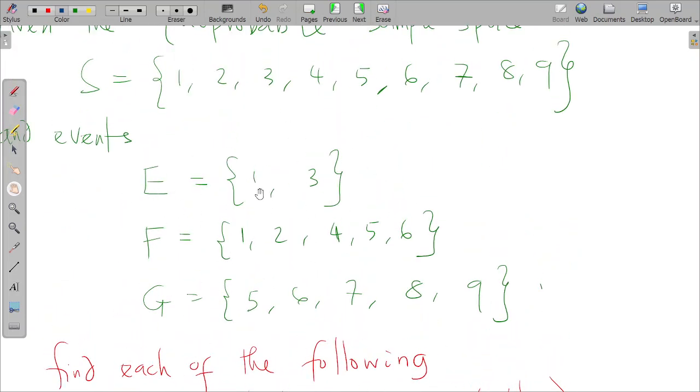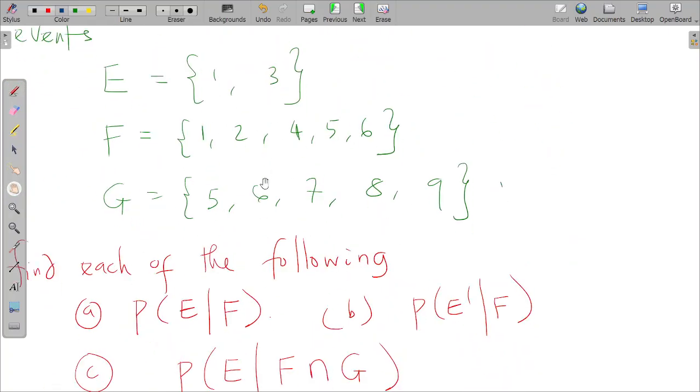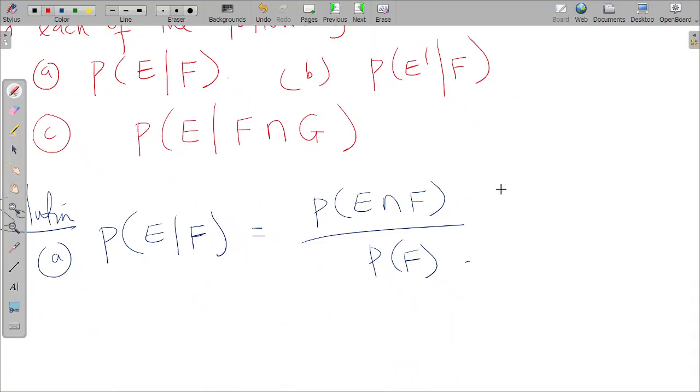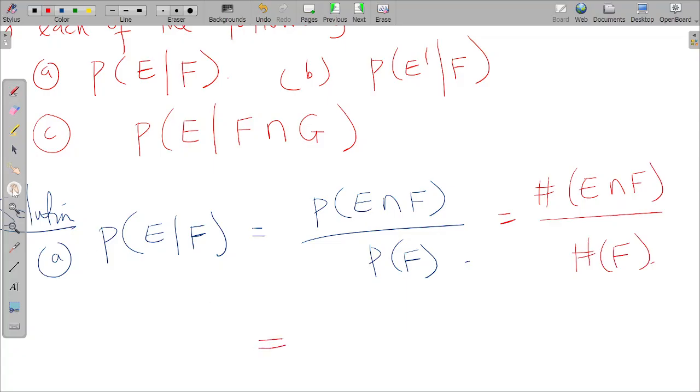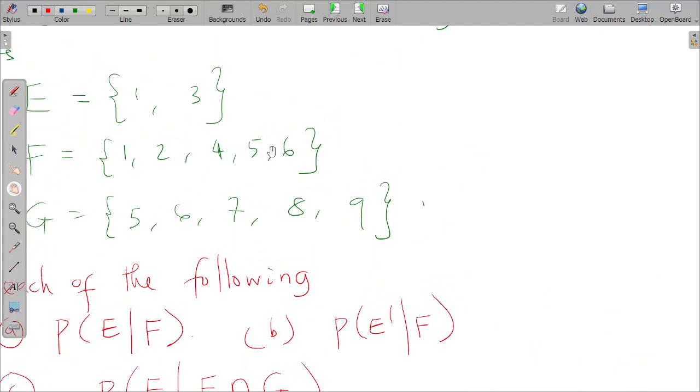Probability of E is just the number of E over the sample space. But since there's a number, we can just simply use the number. So this also can be number of E intersect F all over number of F. We can simply use the number, which will give us, okay, we need to find E intersect F first. What is E intersect F?